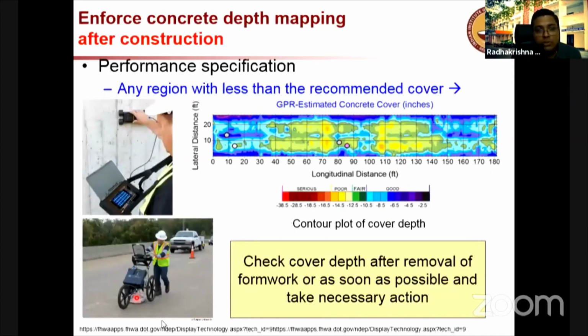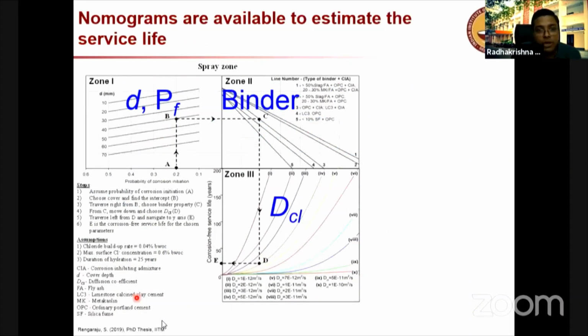And you can enforce performance specification. After the concreting is done, you tell the contractor that you will come and measure cover depth. That will really ensure it. Now, nomograms are also developed here. You can use this as a very simple tool to tell what should be the target diffusion coefficient for the concrete.